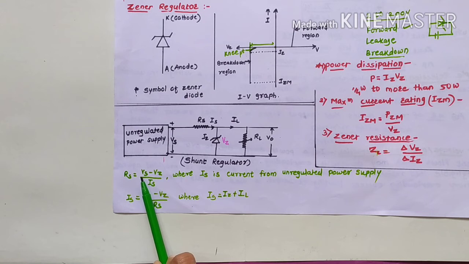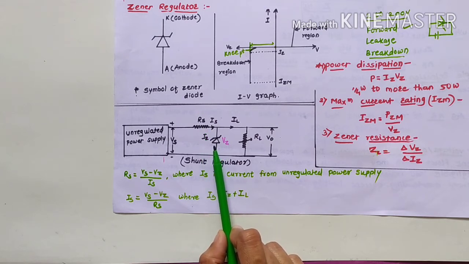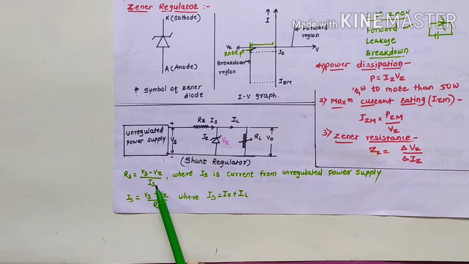Therefore, the voltage drop across this series resistance, which is the supply voltage minus the voltage drop across this Zener diode, upon this current, that is the current from the unregulated power supply, and this Is is nothing but the current from the supply, given by Vs minus Vz upon Rs.